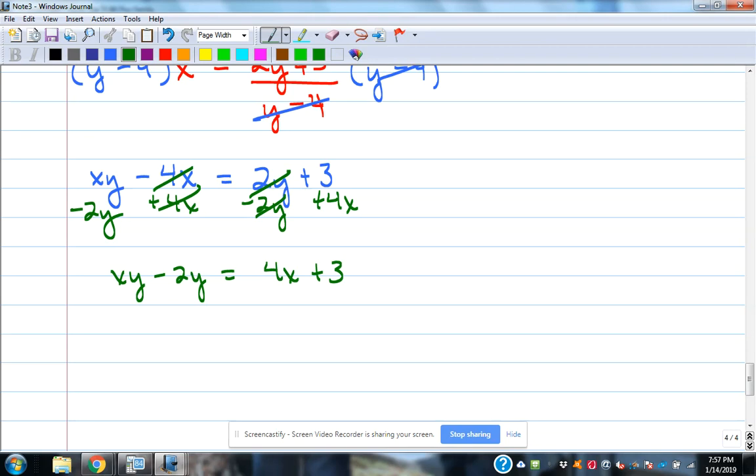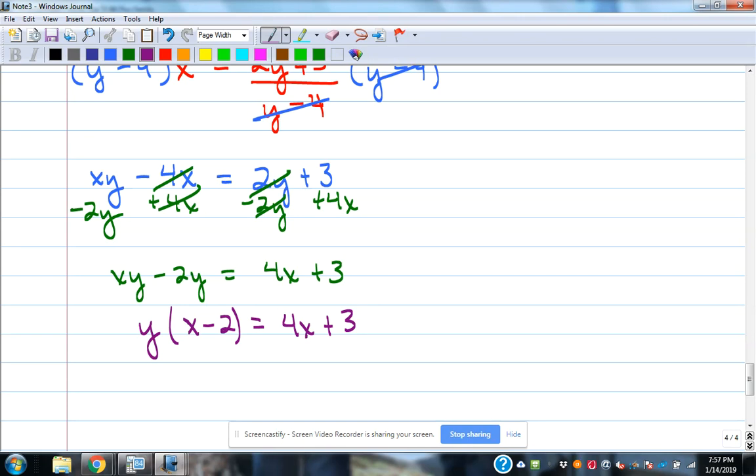So, what does the left side have in common? Y's. So the greatest common factor on the left side is y, right? So I can factor out a y out of that left-hand side. So that's going to give me y parentheses x minus 2. Okay, so that's the trick to this one. That step right there is the trick.